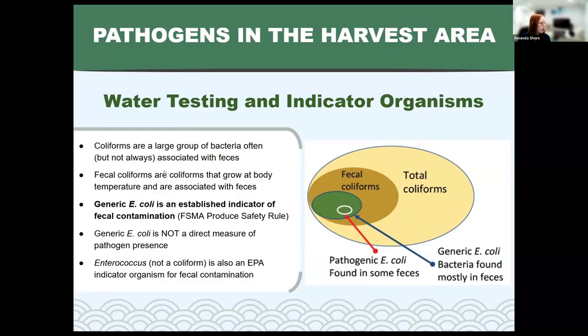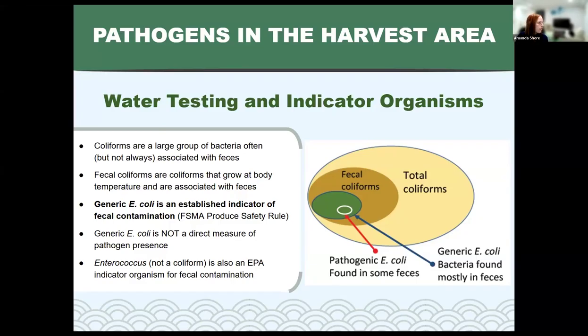Beyond the coliforms, though, there are other bacteria that indicate wastewater contamination, and you can use that data as well. This sometimes is linked to beach closures. Enterococcus is another intestinal bacterium that can survive in seawater longer than some of these coliforms, so sometimes that's an alternative indicator organism for seawater.